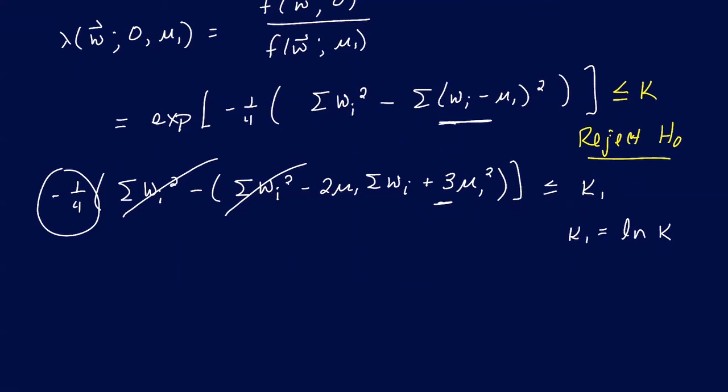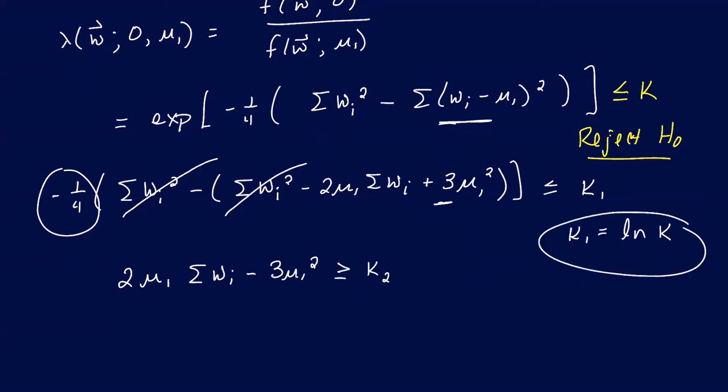And what I'm left with, keeping track of all these positives and negatives, I have on the left side 2 mu1 sum of the wi minus 3 mu1 squared is greater than or equal to some constant k2, which happens to be -4 times the old constant. And the inequality has flipped because I multiplied or divided both sides by a negative.